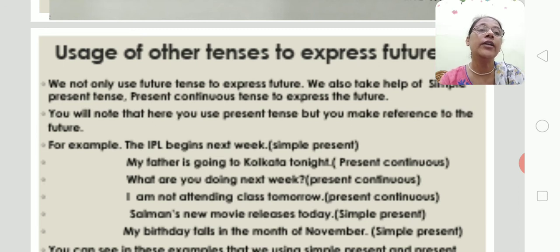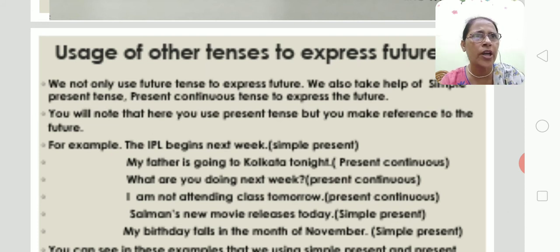Go to the third example. What are you doing next week? Present continuous. I am not attending class tomorrow. Again, I am talking about tomorrow, but what am I using? I am not attending. Am not attending is which tense? Present continuous tense. Salman Khan's new movie releases today.